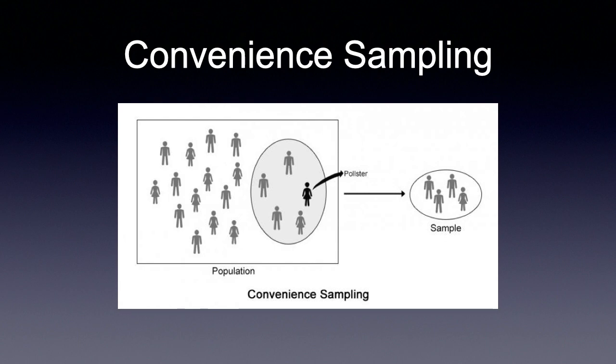Just randomly walking up to somebody is not a simple random sample. That is convenient sampling. So we've got to make sure that we easily understand the difference between convenient sampling and simple random sampling.